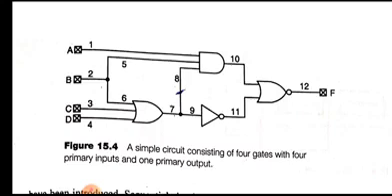How is this not fully testable? Because as I told you, if line 7 is stuck at 1, a fault on line number 7 cannot be tested at the primary output, although in the absence of such a fault, the logic value on line number 7 can be fully controllable through primary inputs, that is B, C and D. Therefore this circuit is not fully testable.